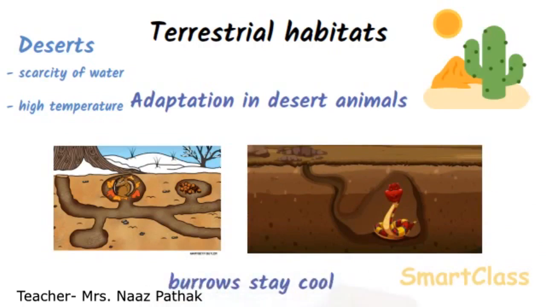The burrows stay cool during day and hence protect these animals from the sun's heat as well as loss of water from their body. These animals come out of their burrows only during cool night time in search of food. The desert rats and desert snakes pass out very small amount of urine and hence conserve water in their body.